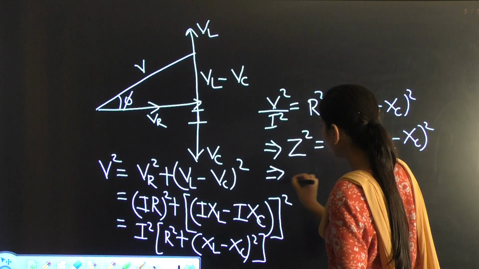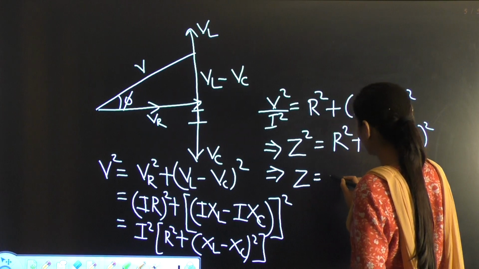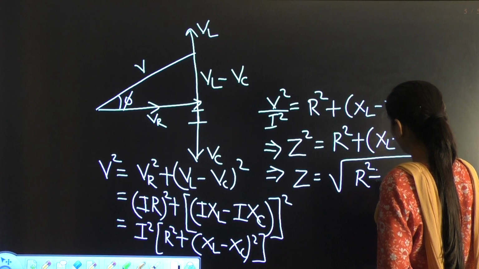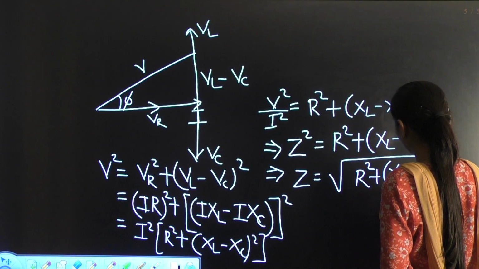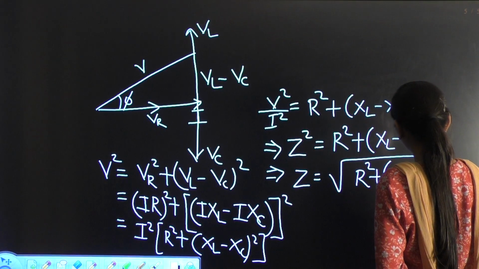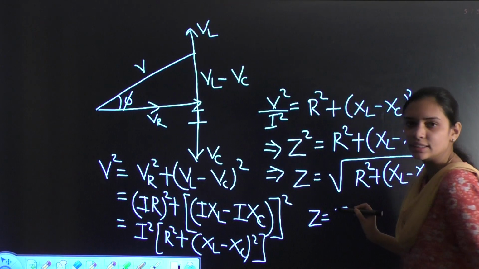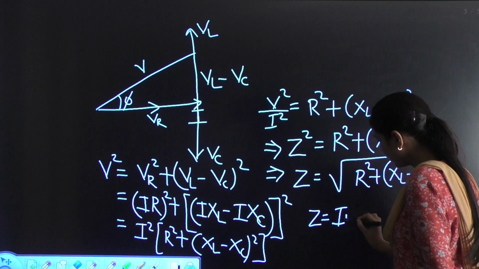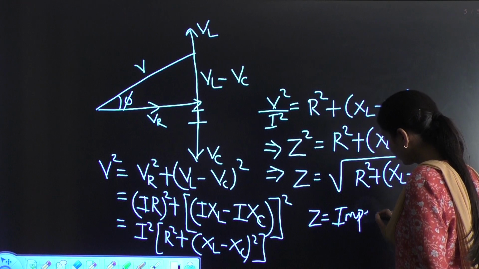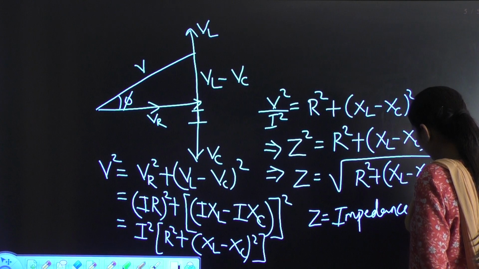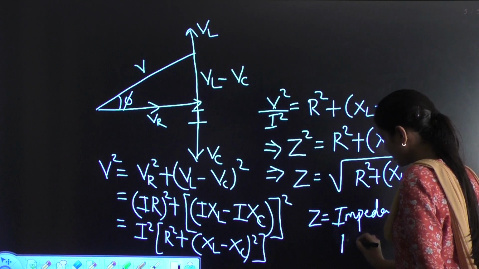If I want to know the value of Z, I will take the root of R square plus XL minus XC whole square, where Z is the value of the impedance for an RLC circuit.